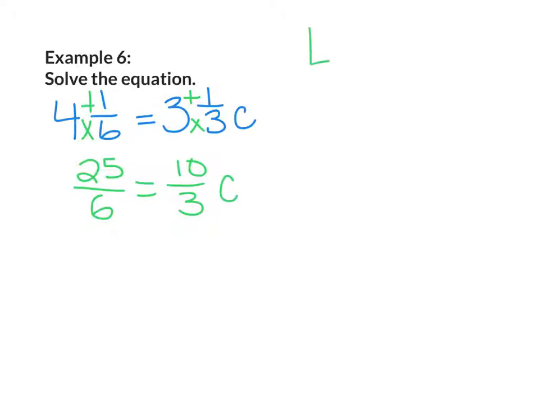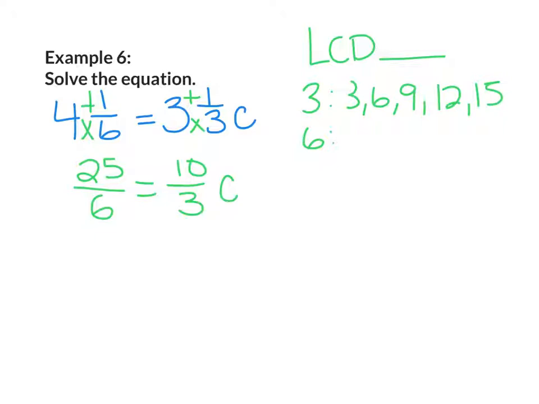So now I'm going to find the LCD. I'm going to list my denominators, which are 3 and 6. My multiples for 3 are 3, 6, 9, 12, 15. My multiples for 6 are 6, 12, 18, 24. I notice that the smallest number that they have in common is 6, so that's my LCD.